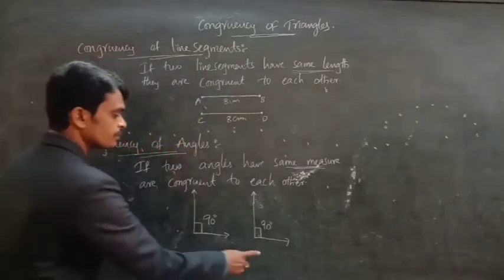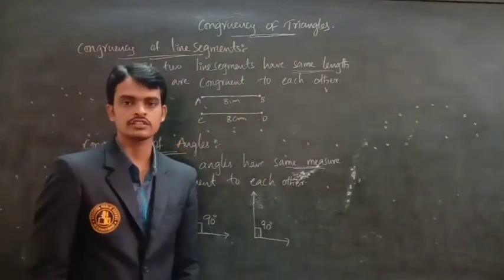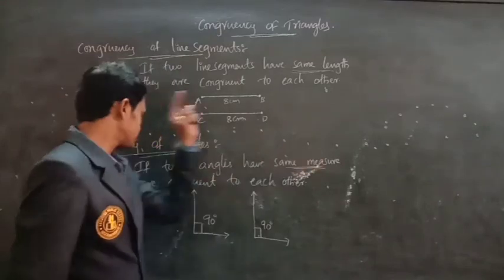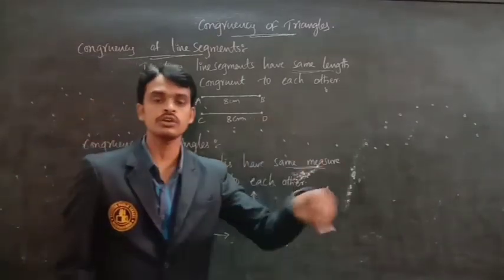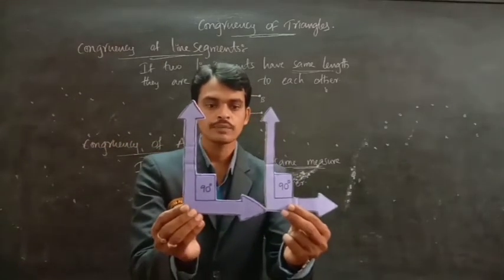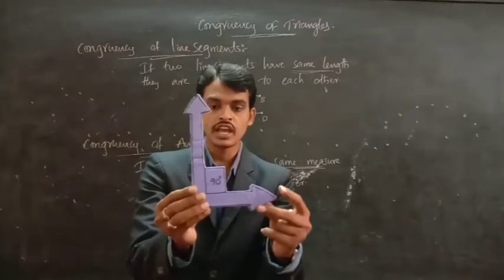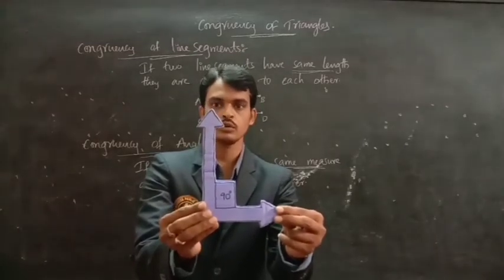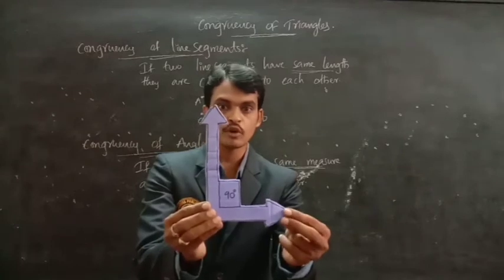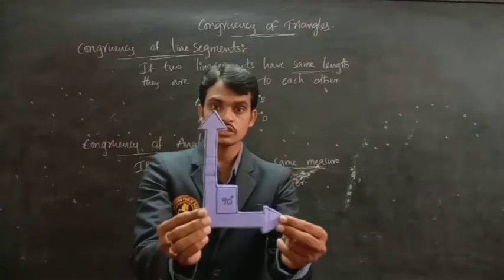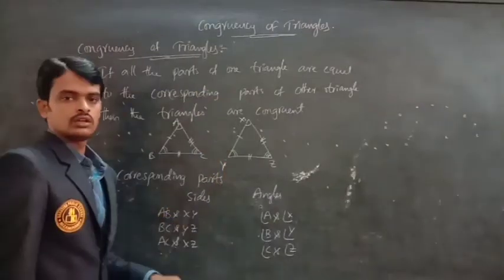So if two angles have the same measure, or if they are superimposed on each other, then they are congruent.